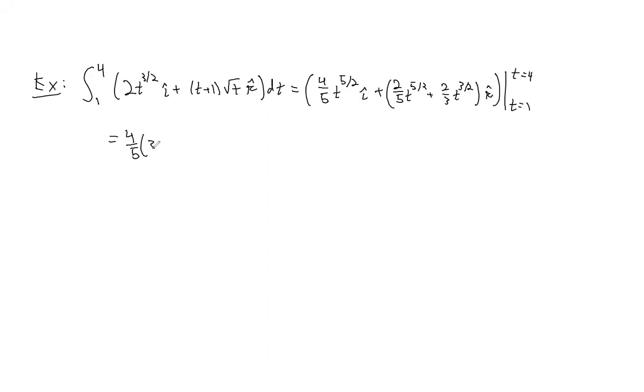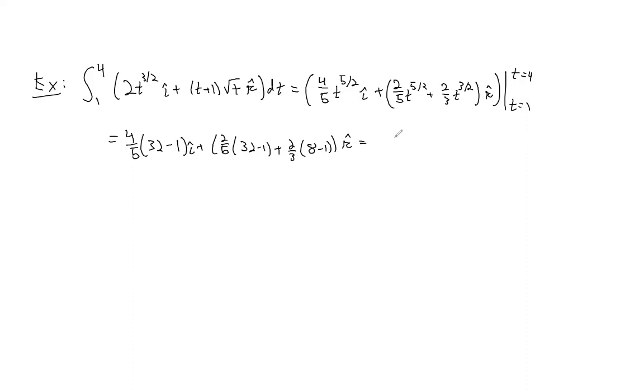So it's going to be 32 minus 1, plus, sorry, I plus 2/5. Again, 32 minus 1 plus 2/3, 8 minus 1.